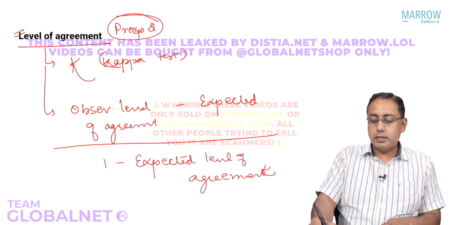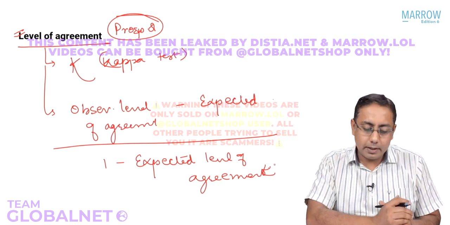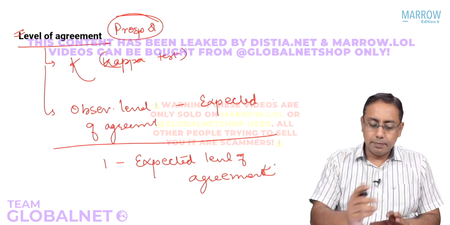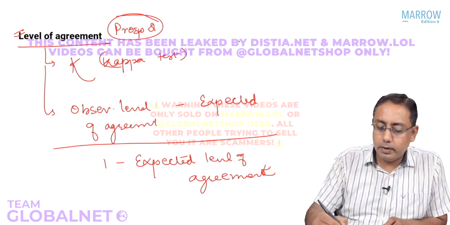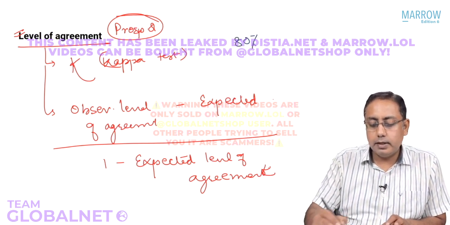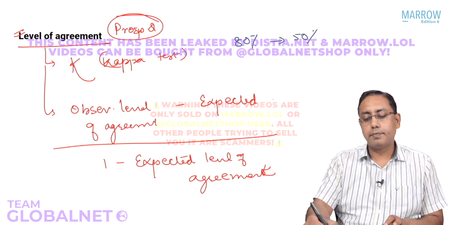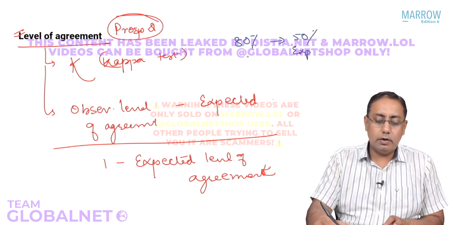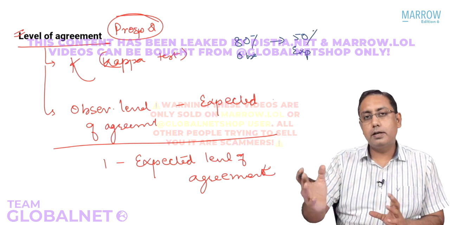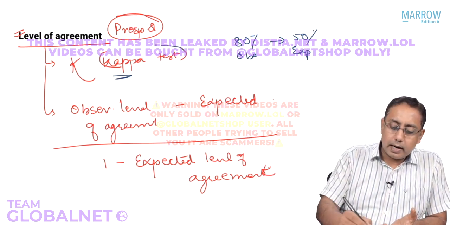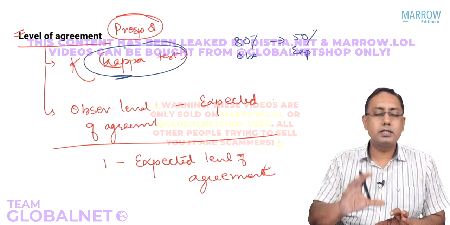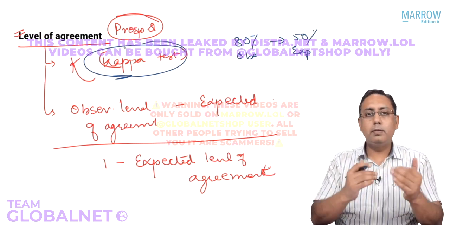That is what a kappa test is. So in the exam, they will give you that the observed level of agreement between people was 80% and the expected was 50%. So they have already given you observed is 80% and expected is 50%. Just replace the values and you get the level of kappa.